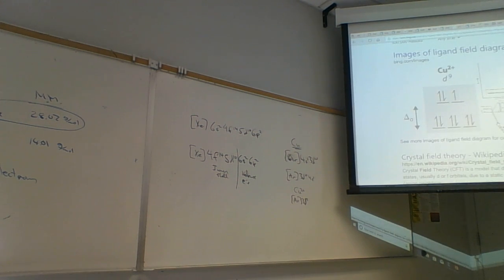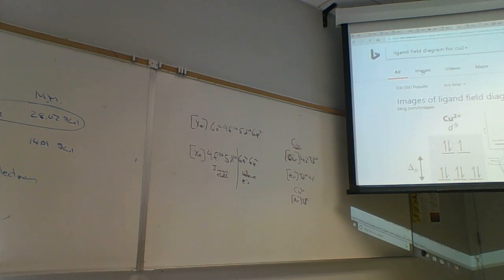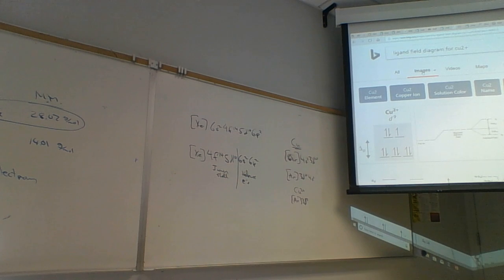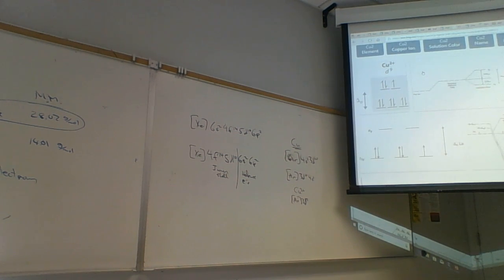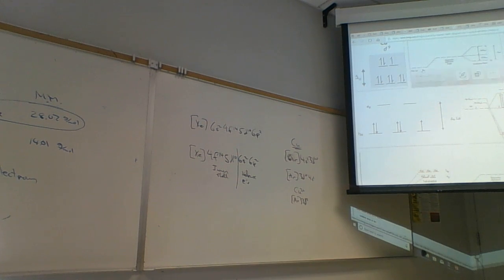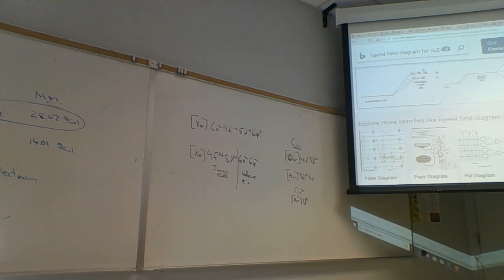What happens with copper is this. When you get copper in a 3-dimensional structure, it looks like it's this d9, which is screwing up that nice symmetry.